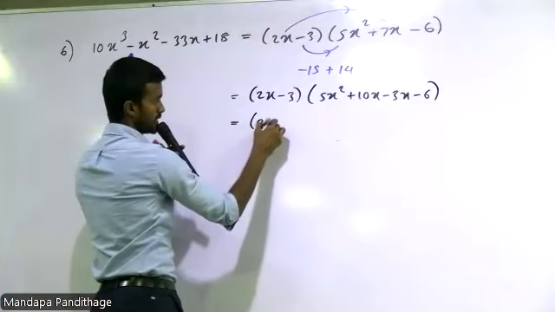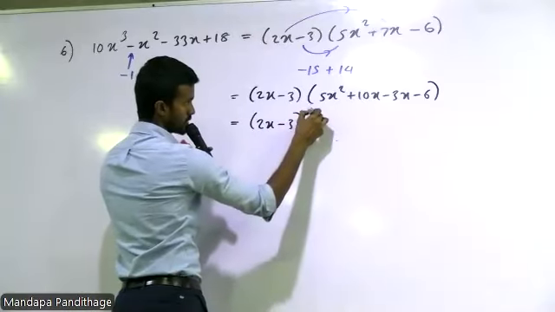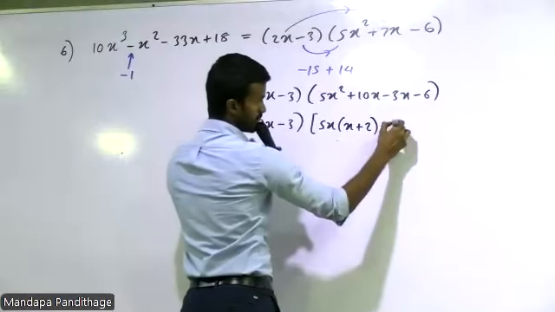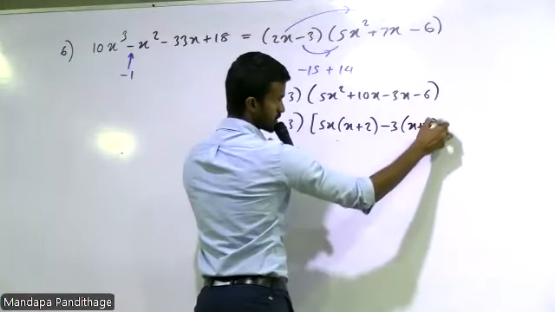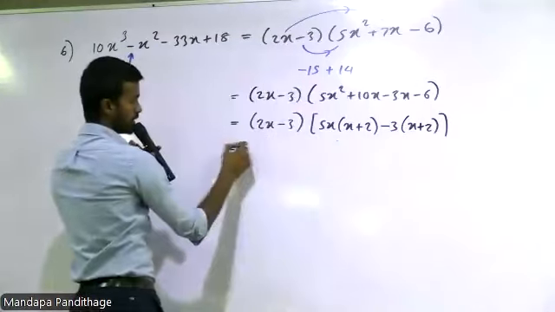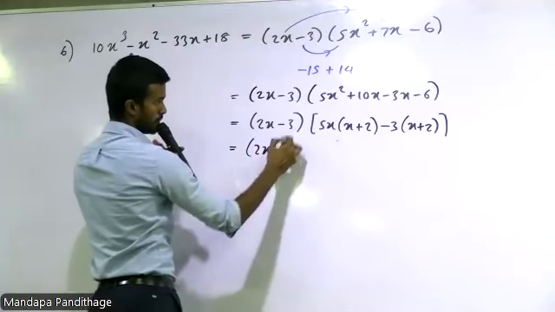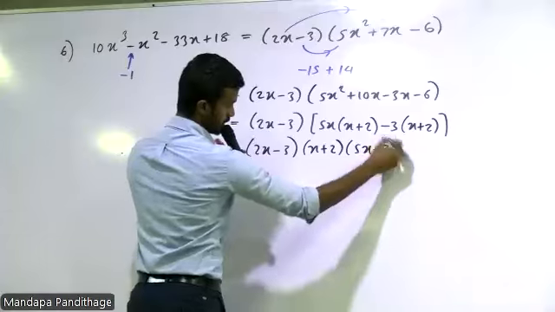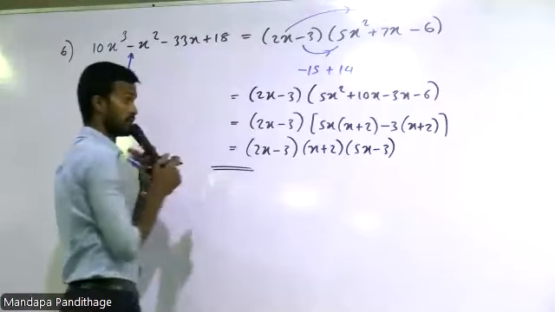So you can factorize it again. If you take 5x out, it's x plus 2. If you take minus 3 out, it's x plus 2. Now pull out x plus 2, then you get x plus 2 and 5x minus 3. So I have two factors.